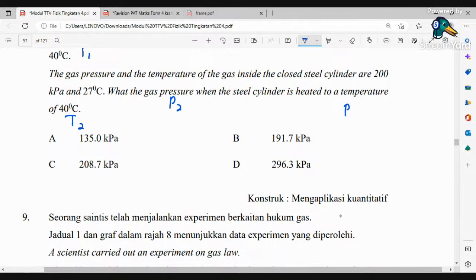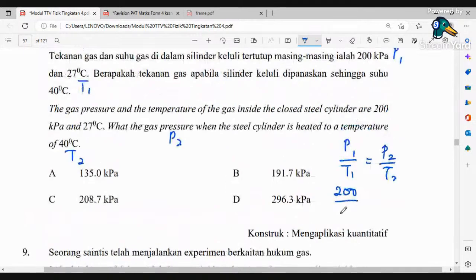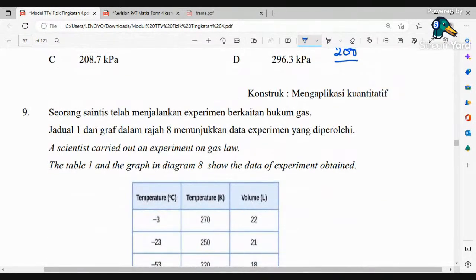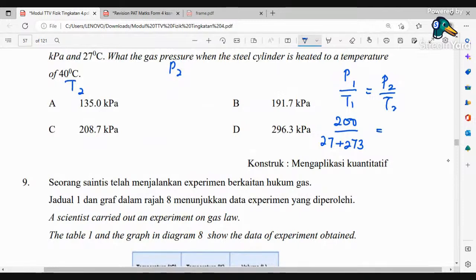So you have P1 over T1 equals P2 over T2. Okay. So P1 is 200 kilopascal. T1 is 27, which needs to be converted, so add 273 to convert to Kelvin. That equals P2 over, we want to find temperature 40 plus 273.